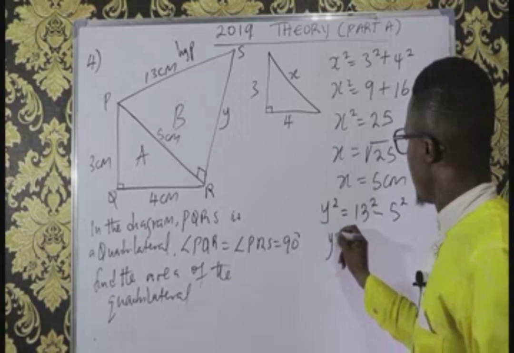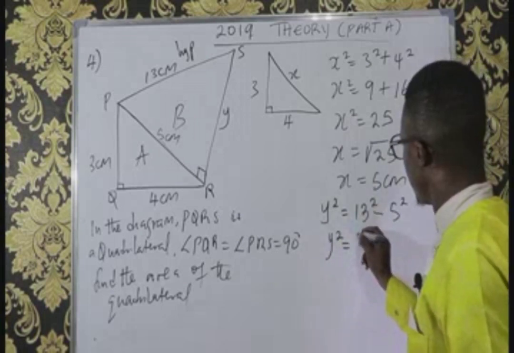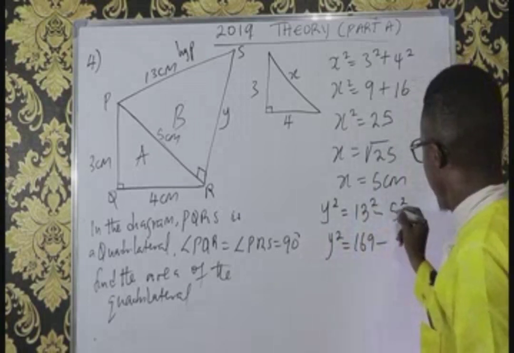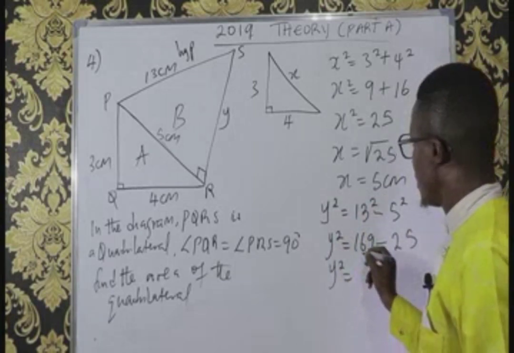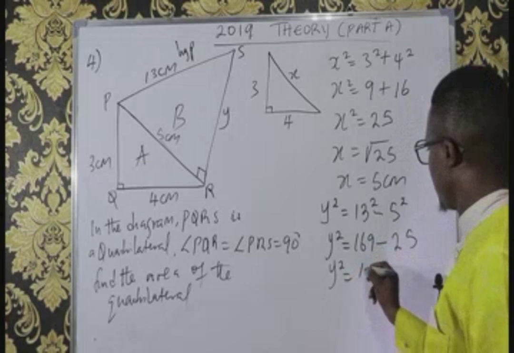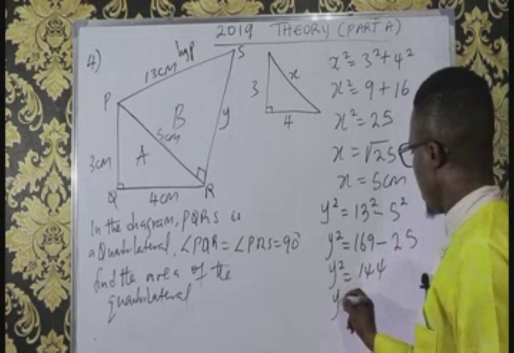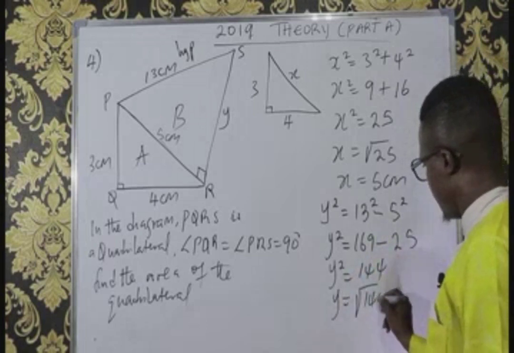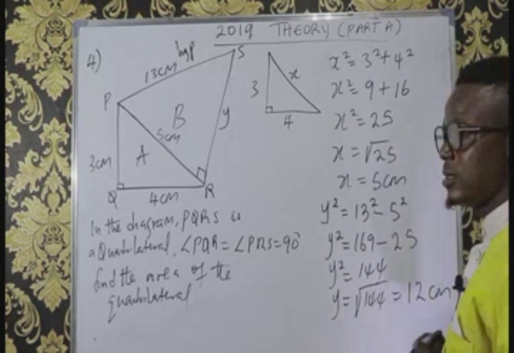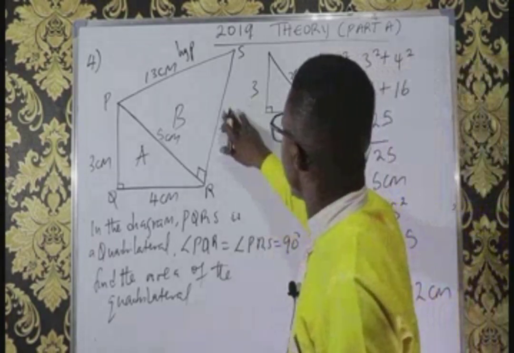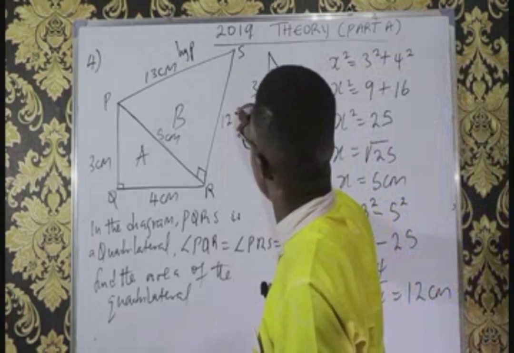When I do that, y squared is equal to 13 squared, which is 169, minus 5 squared, which is 25. So y squared will give me 169 minus 25, which is 144. So that y is equal to the square root of 144, and that will give us 12 cm. That's the value of y, 12 cm. So I can clean here and call it 12 cm.